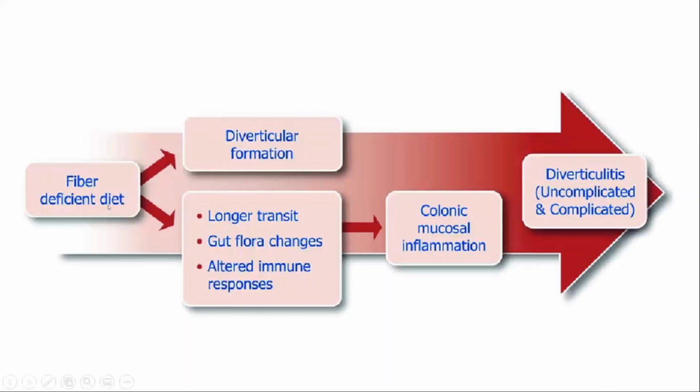Because of low fiber diet, it predisposes to diverticular formation. And the pathogenesis behind how diverticulitis happens is about the same as appendicitis, where there is injury to the mucosa, leading to bacterial infiltration and inflammation.